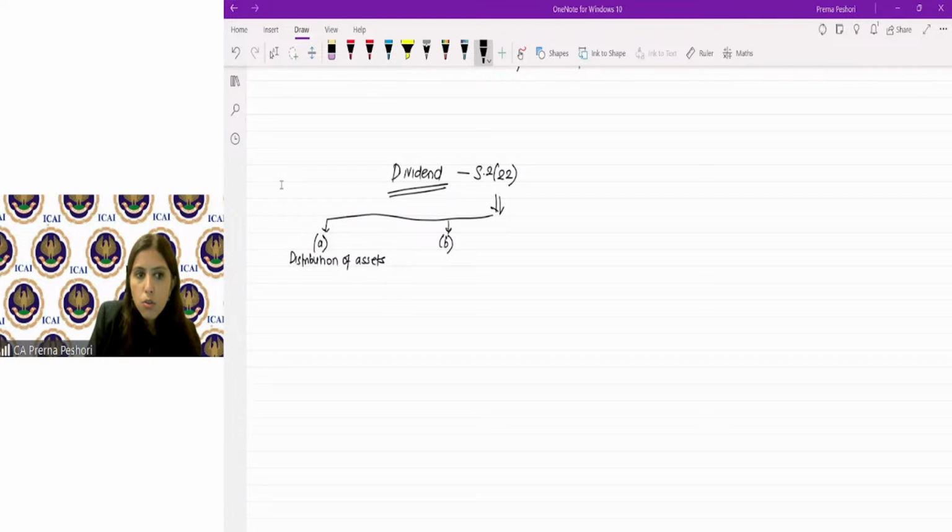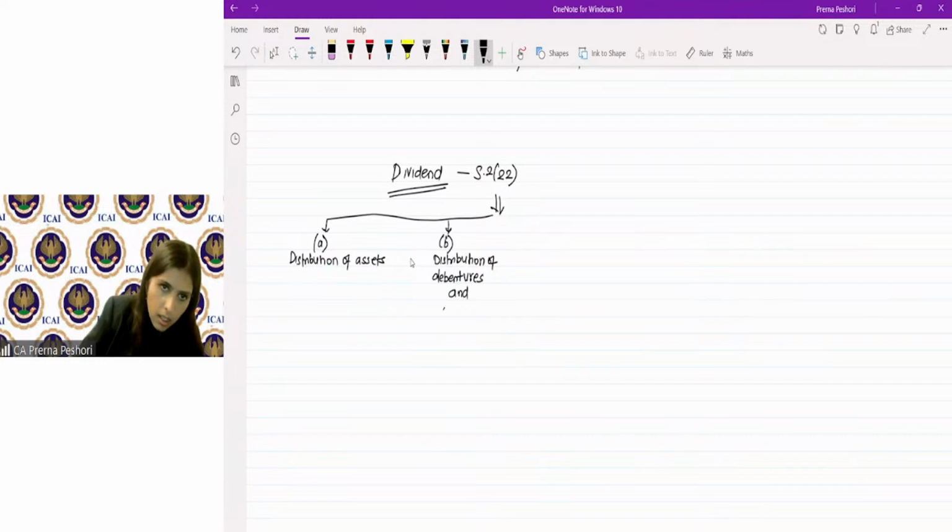2(22)(b) talks about distribution of debentures, and distribution of bonus shares to preference shareholders.